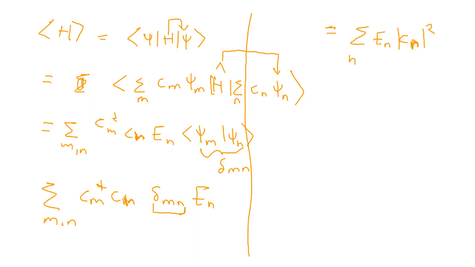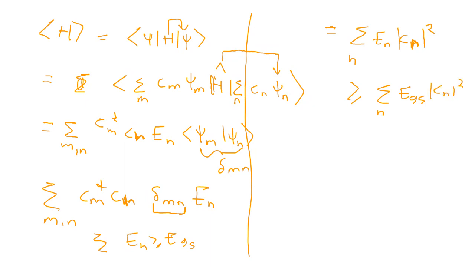But by definition, you know that the ground state is the lowest. So any other energy, nth energy, will always be greater than the ground state. So if you take sums, this has to be greater than or equal to the sum over n of the ground state energy, because En is always greater than E_GS, times Cn squared.